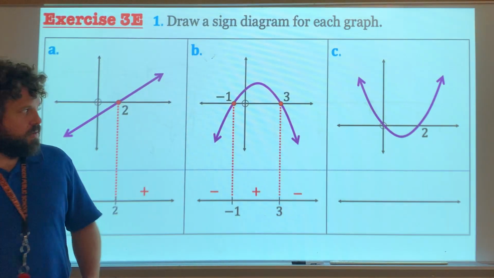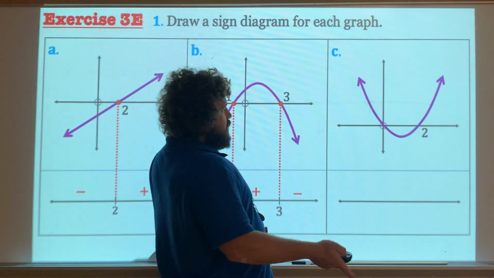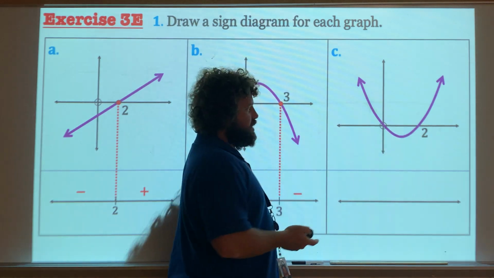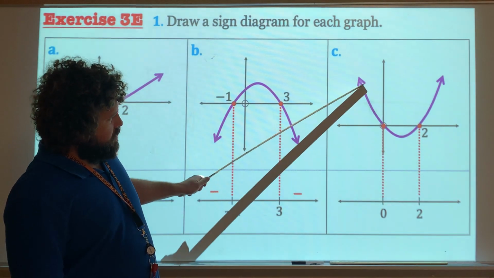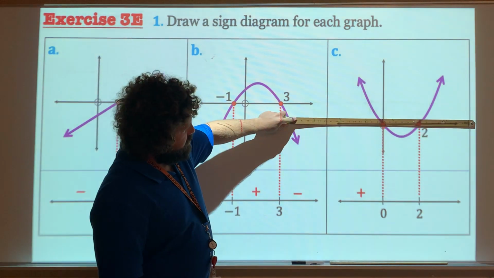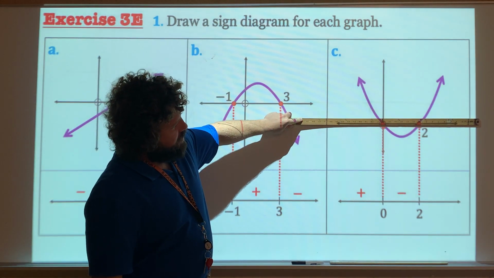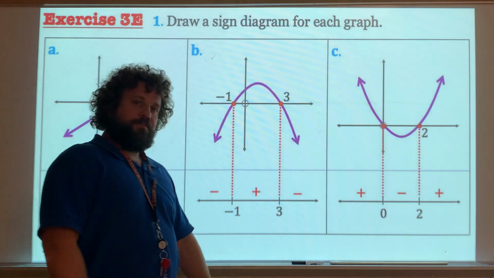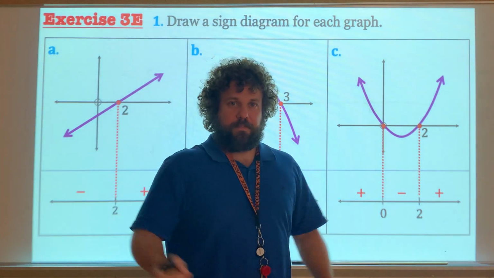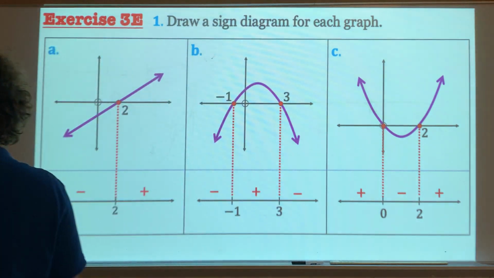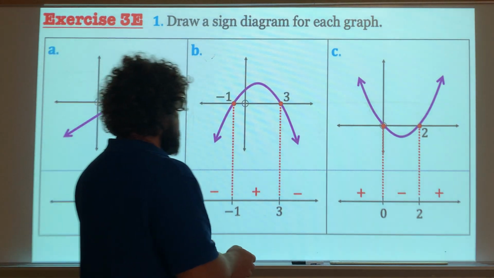It just shows you how it works. The last one intersects twice. 0 and 2. Above is positive. Below is negative. Above is positive. That's it. All right. Any questions?